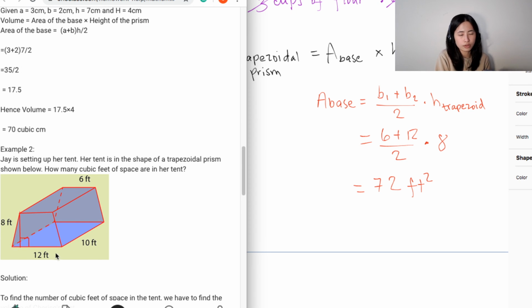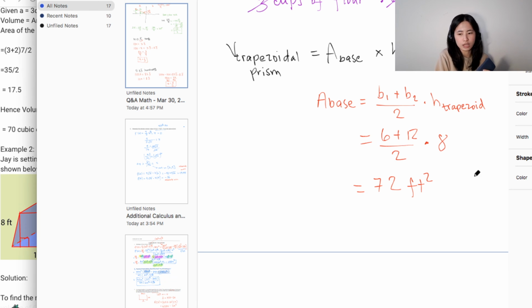So the height of your prism is actually 10 feet. So this 10 is basically your height. So you're going to take 72 square feet times 10 feet. And it makes sense because square feet times feet would give you cubic feet. So this is 720 cubic feet.